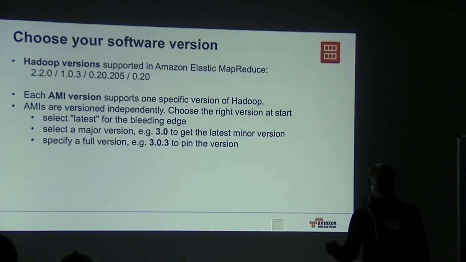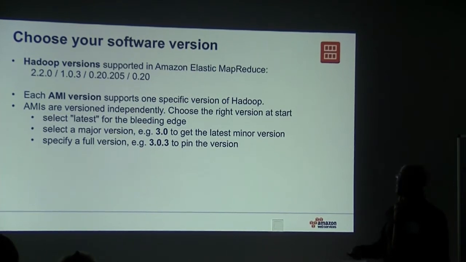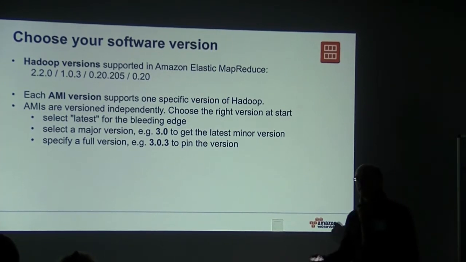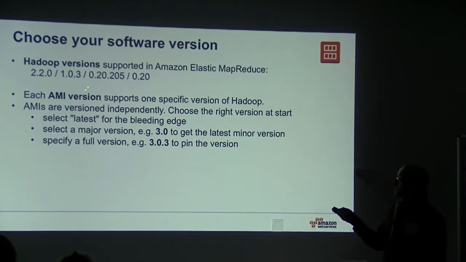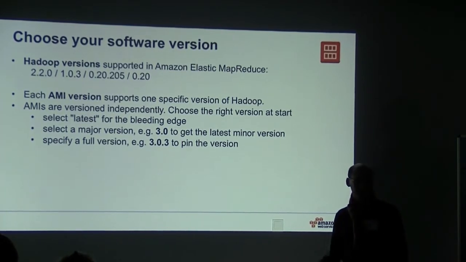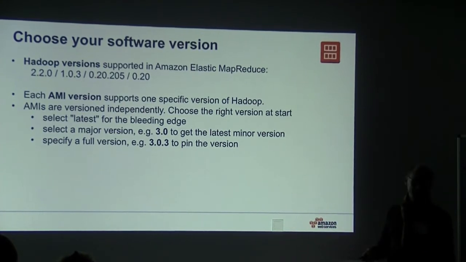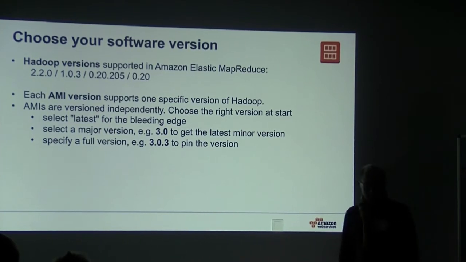In the past, you could run multiple Hadoop versions as part of the same AMI, but right now we're more or less moving towards a model where you have a single Hadoop version per AMI generation. So the 2.0 AMIs will run on 1.0 something, however that line is developing, and the 3 generation, 3.0 as it is right now, will support Hadoop 2.2 and going forward.